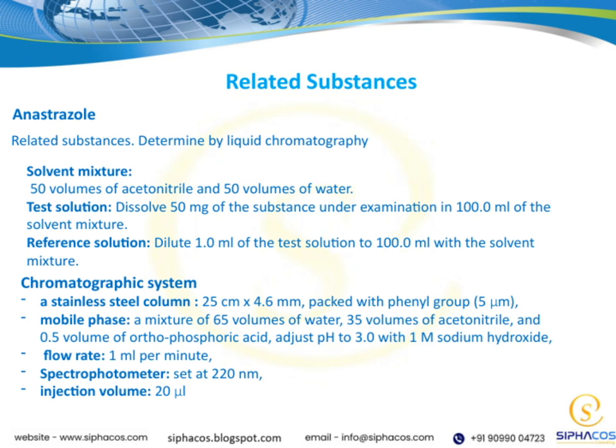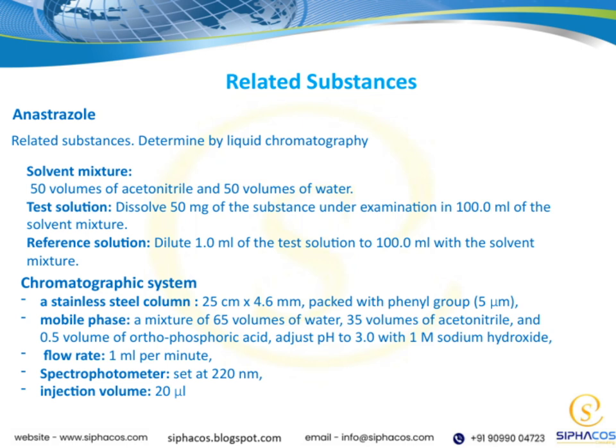For sample preparation, we dissolve 50 milligrams of the substance under examination in 100 milliliters of this solvent mixture. To prepare the reference solution, we take 1 milliliter of this test solution and dilute it to 100 milliliters with the same solvent. This helps us compare the test and reference to identify any related substances. Finally, we're analyzing for related substances using liquid chromatography.